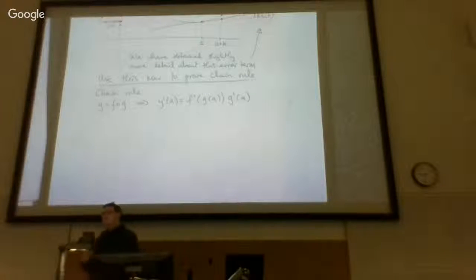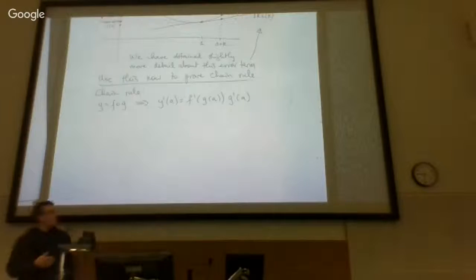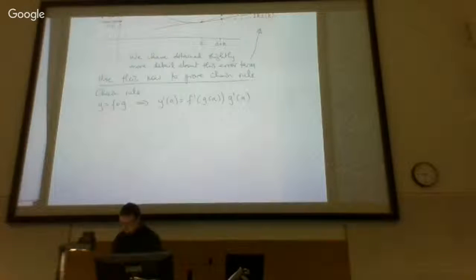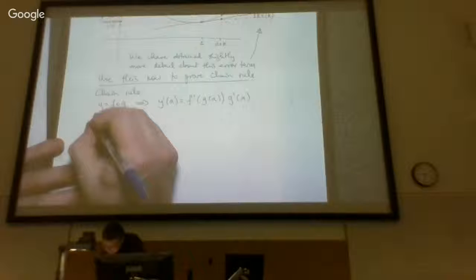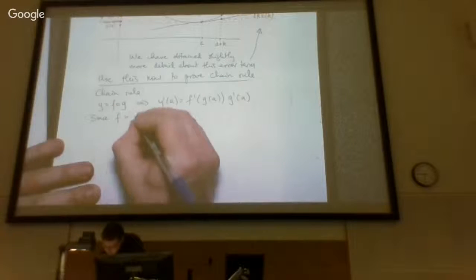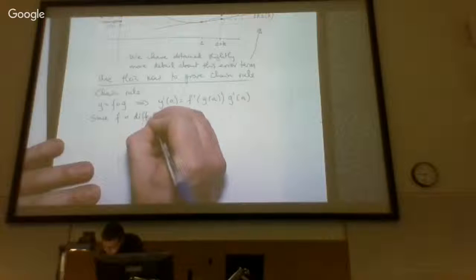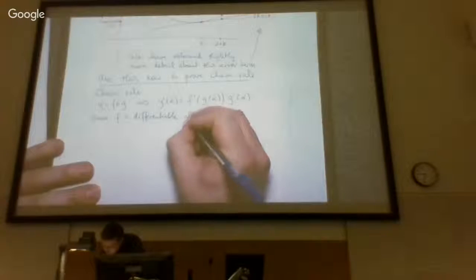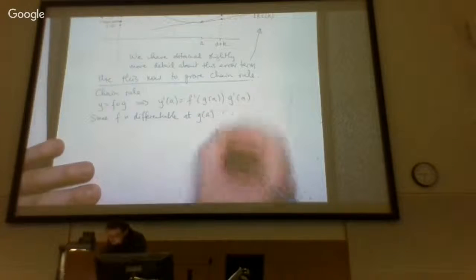Now we need to assume that the two functions f and g are both differentiable. So since f is differentiable, well, f we're assuming is differentiable at the point g of a.